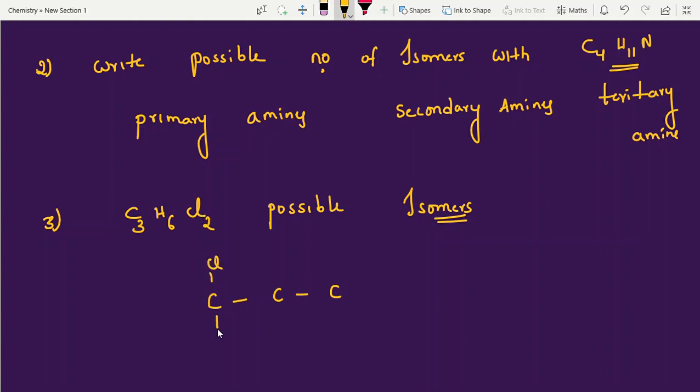First position only you can write. Remaining filled with hydrogen, or else you can write CH2, CH3 also, your wish. Is it satisfied or not? How many carbons? 3. How many hydrogens? 1, 2, 3, 4, 5, 6, and 2 chlorine.